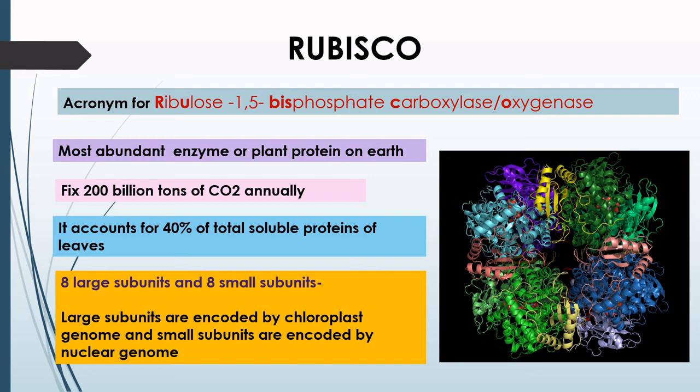These large subunits possess the active sites of Rubisco. Then the small subunits of Rubisco are encoded by the nuclear genome and they are synthesized in the cytoplasmic ribosomes and later assembled inside the stroma. So this is about the wonderful enzyme Rubisco.